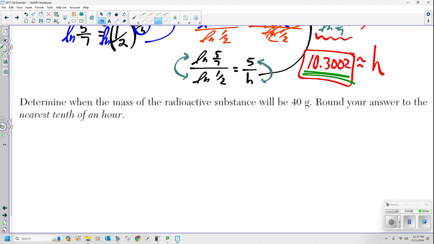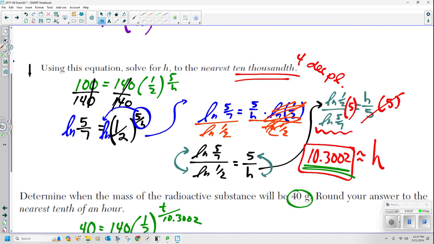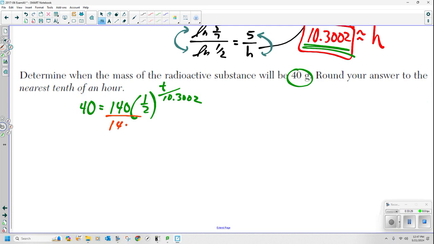Okay, so now my ending amount should be 40 grams instead of 100. 40, I started with 140 times 1/2, and I've got T over 10.3002. All right, let's go. First of all, we're going to divide both sides by 140. 2/7.